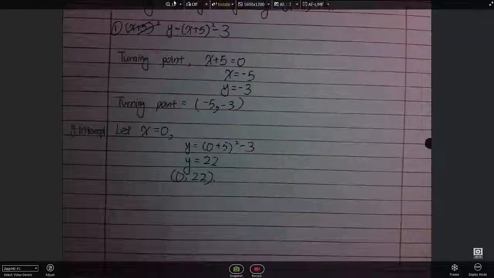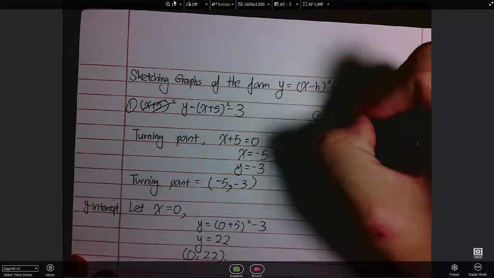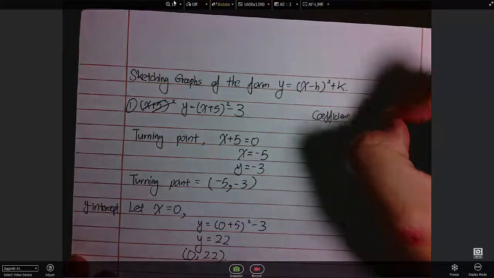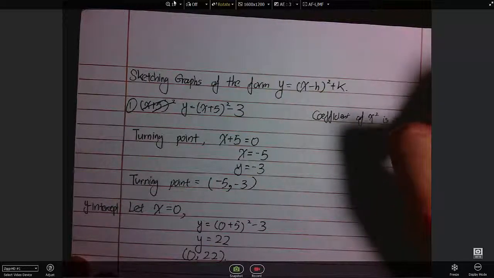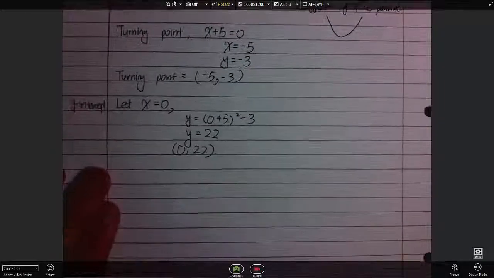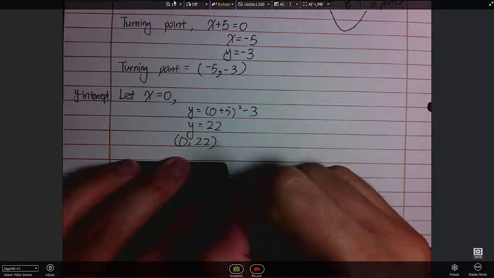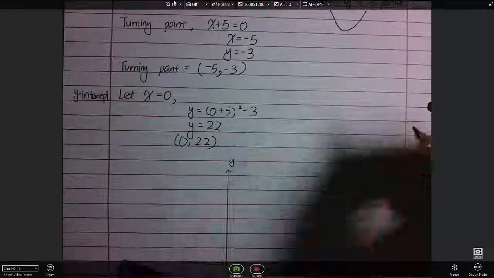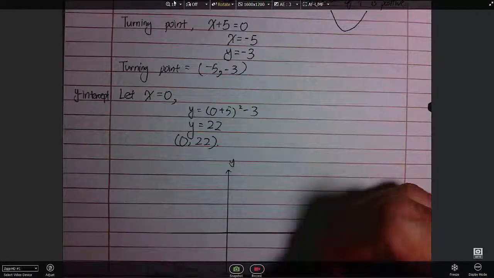How do we sketch all of this? First, notice that the coefficient of x squared is positive. If the coefficient of x squared is positive, we get a smiley graph like this. I draw my axes, label y and label x.